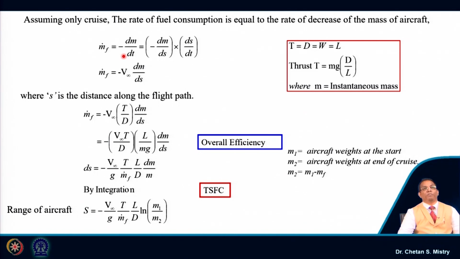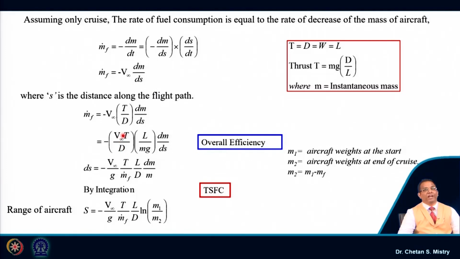This is negative because my fuel is being consumed, so my mass is reducing. I can represent this as dm by ds into ds by dt. This ds by dt we write in terms of my flight speed, and using the formula we have learned from the force balance, we can write minus v infinity T by D into dm by ds.